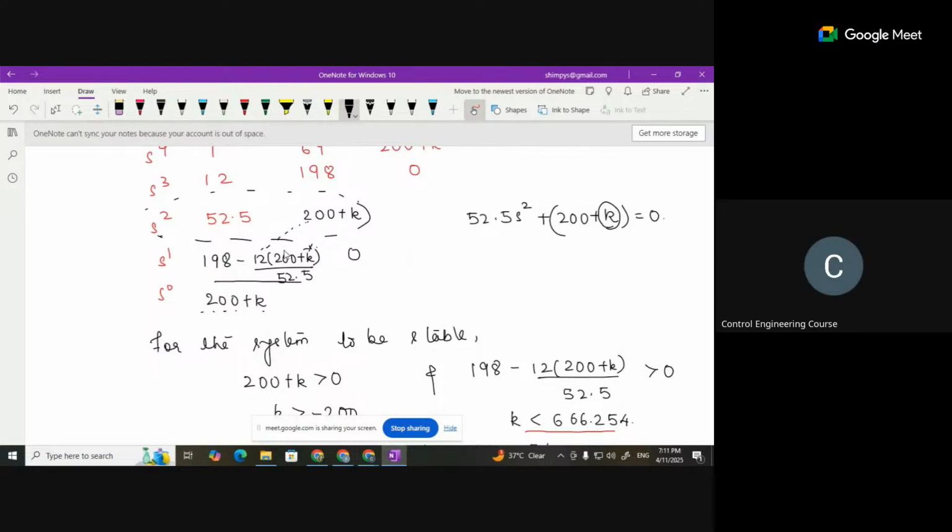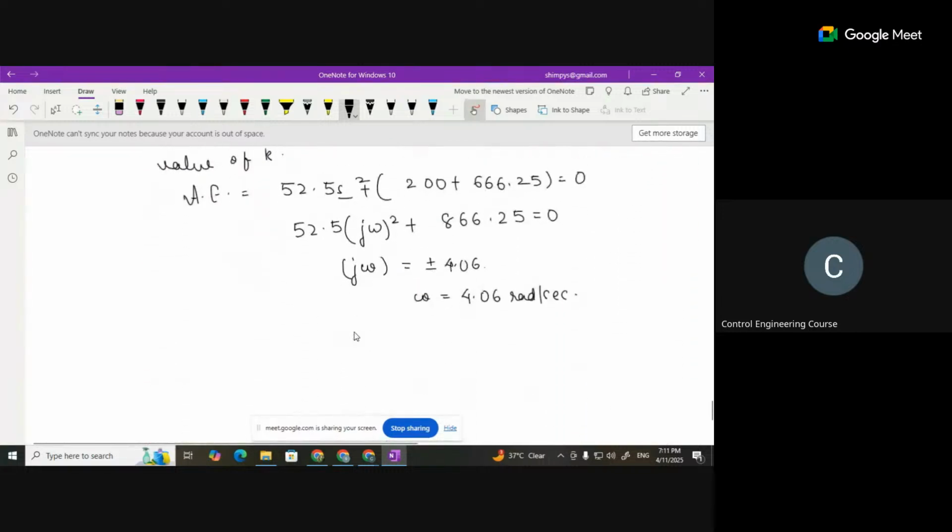If we form the equation, this is 52.5 s square, and the next term will be s to the power 0, because here you have even powers, so the powers of s should be even. Is it clear how to get the auxiliary equation?